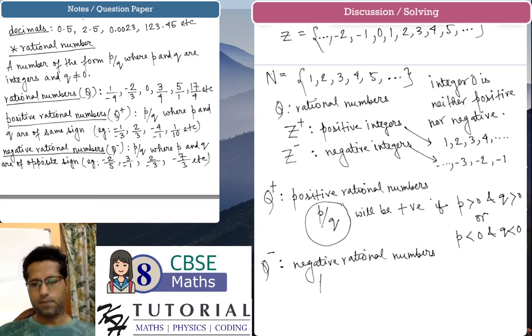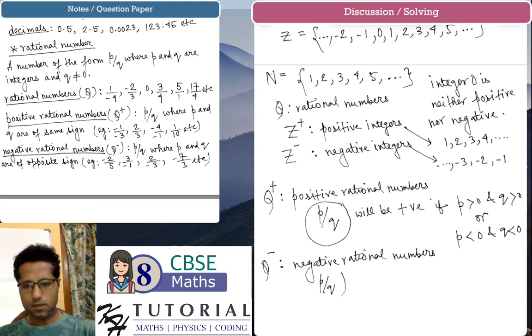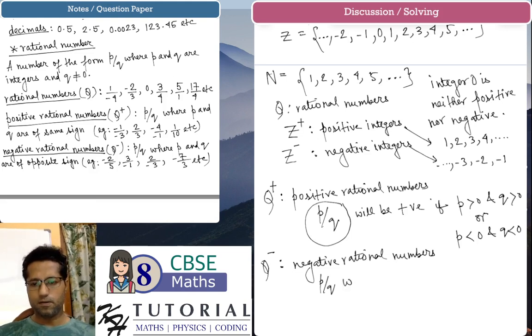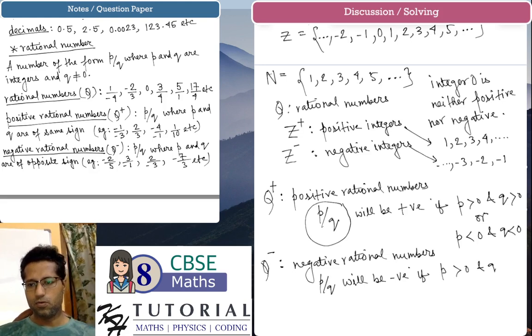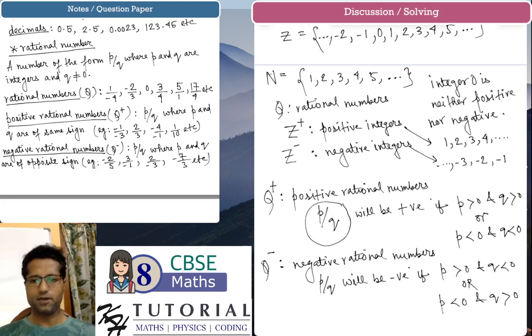So this rational number P by Q will be negative if P greater than 0 and Q less than 0, or P less than 0 and Q greater than 0. What does it mean if P greater than 0 and Q less than 0?